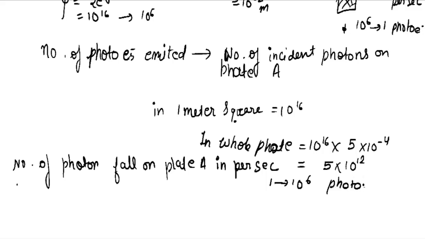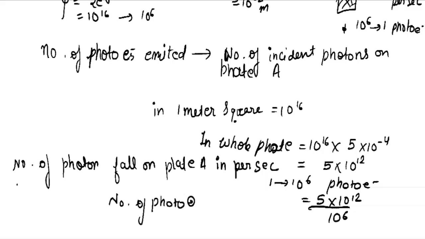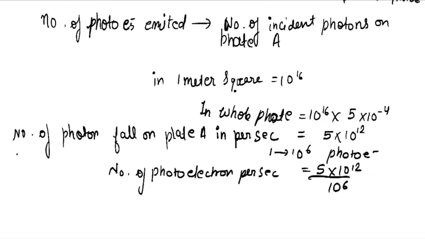So we have to divide this term, 5 into 10 raised to the power 12, by 10 raised to the power 6, to determine the number of photoelectrons per second.